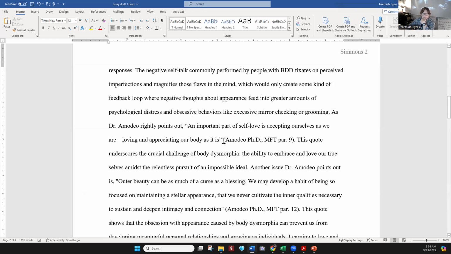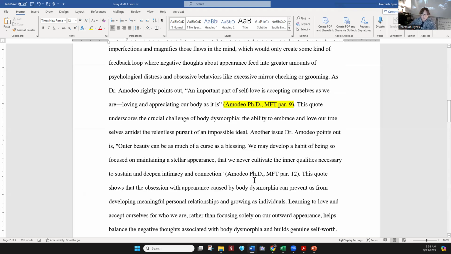But here though, the parenthetical citation is totally incorrect. I mean, first off, it shouldn't even be here because the name is already mentioned. Look, there's the name. But let's just say that the name wasn't even there. Oh yeah, okay. Well, actually, we'll get to that one down here. So this doesn't need to be here at all. But then down here we have another issue. Dr. Amato points out is outer beauty can be as much of a curse as a blessing.